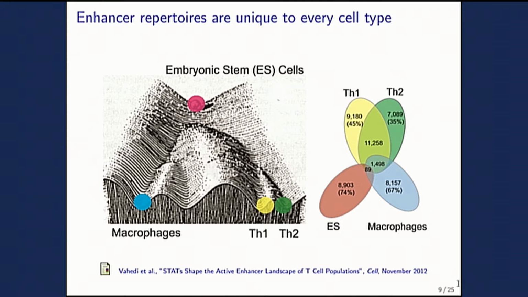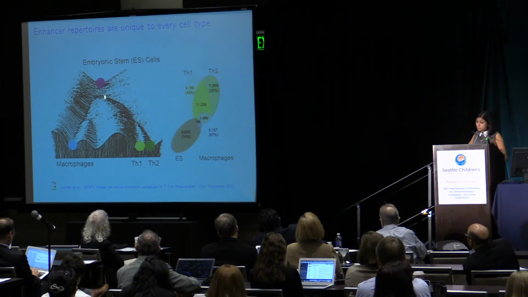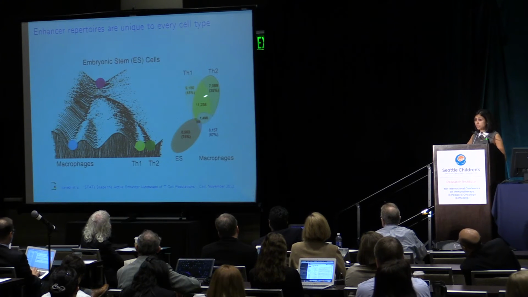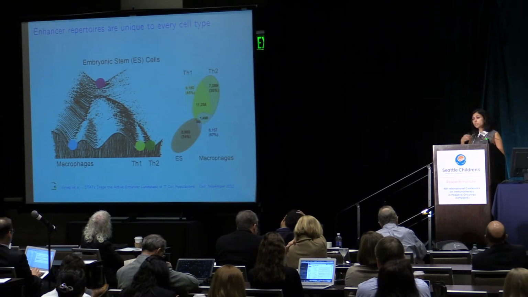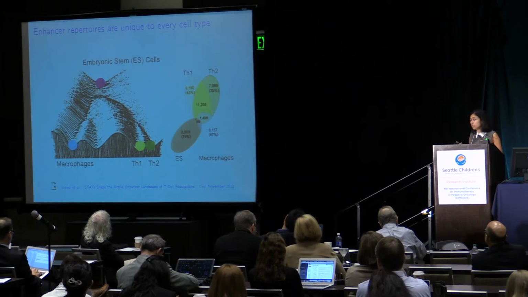And again, going back to the tree of cells, these are really the bottom of the leaves, and they are typically CD4 positive T cells, and their only difference is they are able to express distinct kinds of cytokines, yet they acquire about 10,000 unique regulatory elements once these cells start to differentiate.